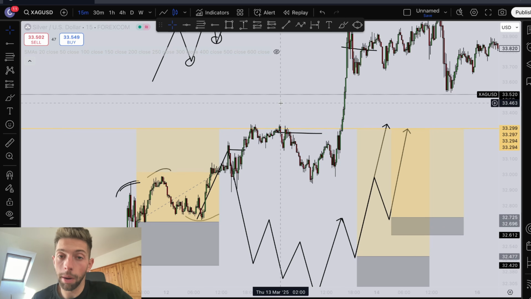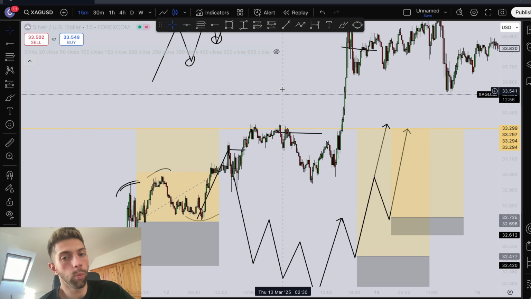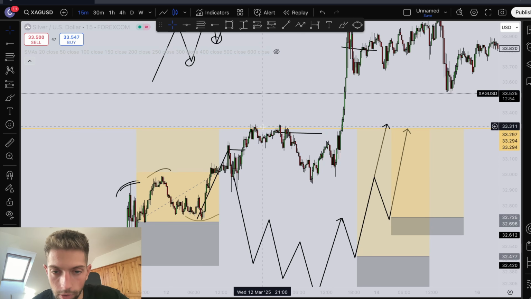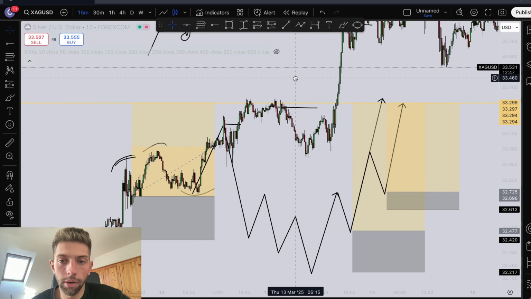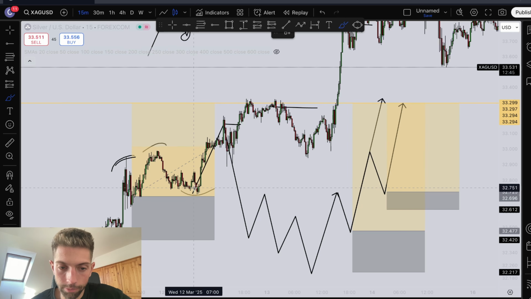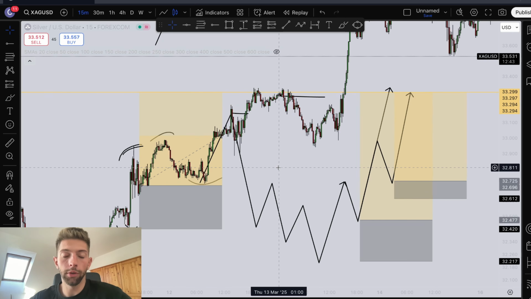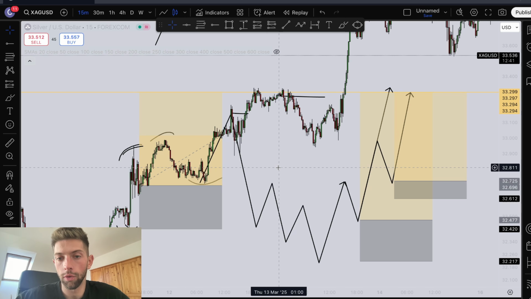As I'm saying, the probability of you winning the trade is way, way higher than if you just call the tops after some, I don't know, 1 minute break of structure or something like that. If you really know how market structure works, you can make a lot of money, only based on knowing market structure and knowing the projection of where the market is probably going to go.